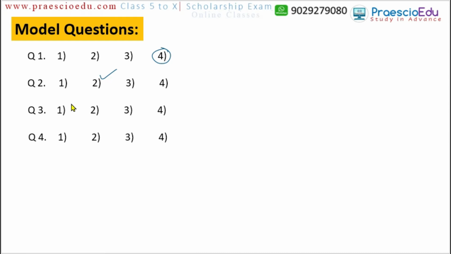In option number 2, the C's opening is toward the right, so it should not be. Option number 1 is correctly continuing the sequence, with only the addition of the dot. So option number 1 is the correct one for question number 3.